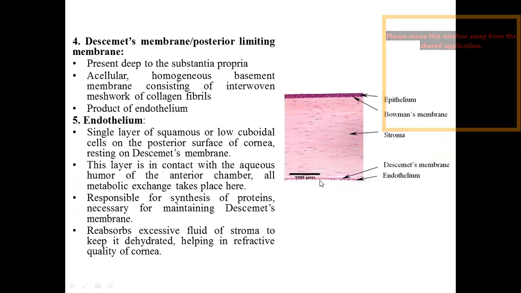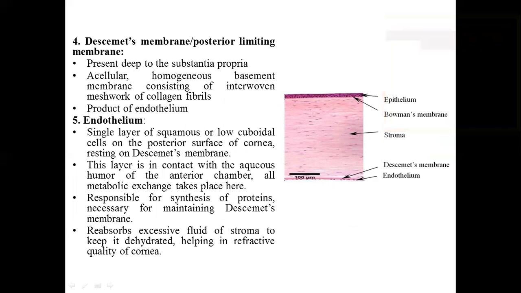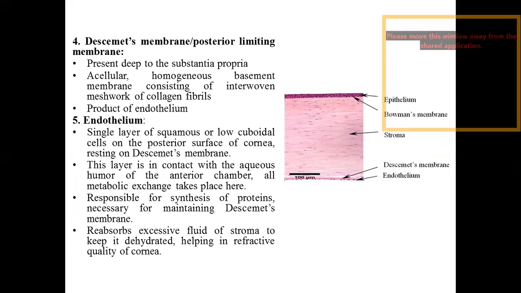Fourth is Descemet's membrane, or the posterior limiting membrane. It lies beneath the substantia propria or corneal stroma. This part is acellular and homogeneous, consisting of a meshwork of collagen fibrils, and it is a product of the endothelium. Last is the endothelial layer.